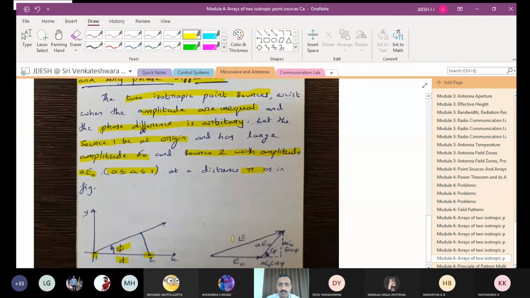This is E, this is E naught, the amplitude change. One source has E naught, another has A E naught, and you are going to get A E naught sin psi. Here this component will be A E naught cos psi. So this is the angle psi.